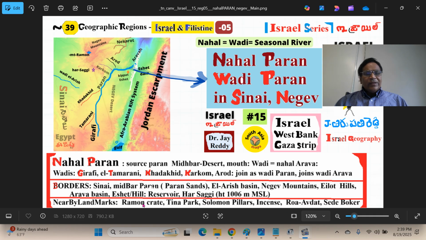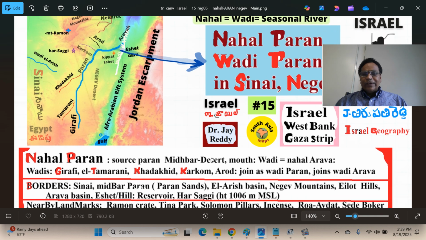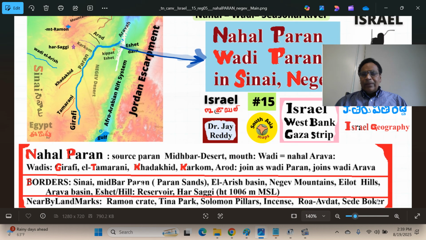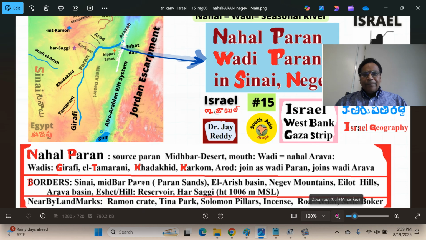The landmarks nearby in the northern part are the Ramon Crater and Timna Park, the Solomon's Pillars, the incense trade route, the historic city of Avdat, and the resting place of Israel's first premier David Ben-Gurion, that is the Sde Boker area.